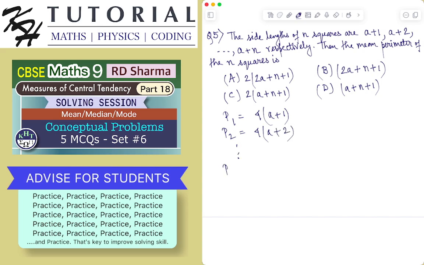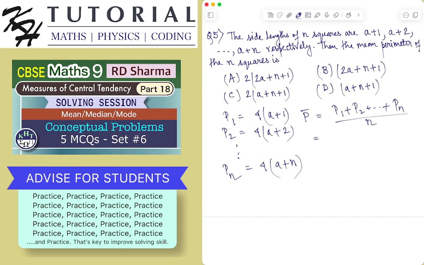Likewise, the perimeter of the nth square will be 4 into a plus n. So what will be the mean perimeter? It will be P1 plus P2 up to Pn, whole divided by n, since there are n squares.